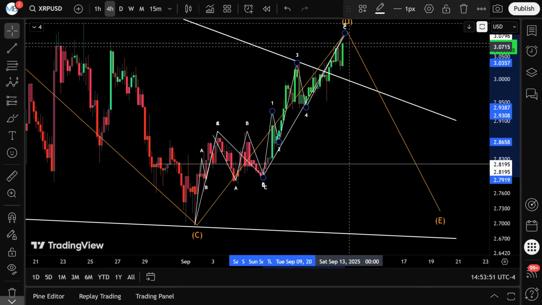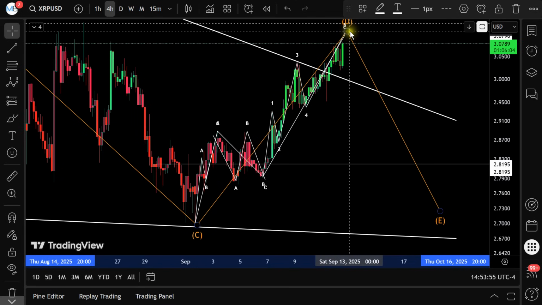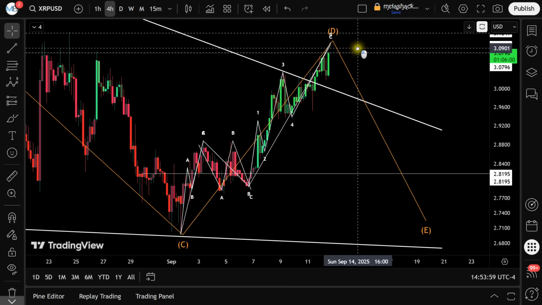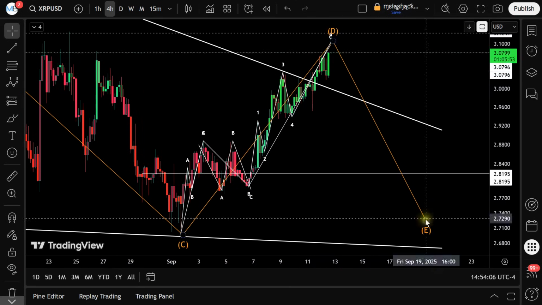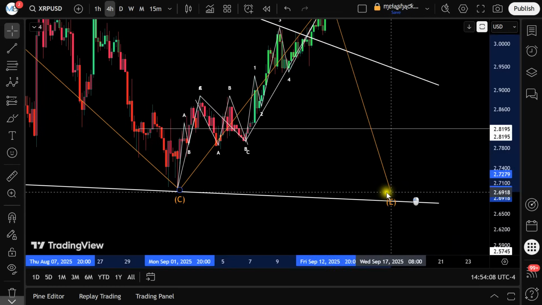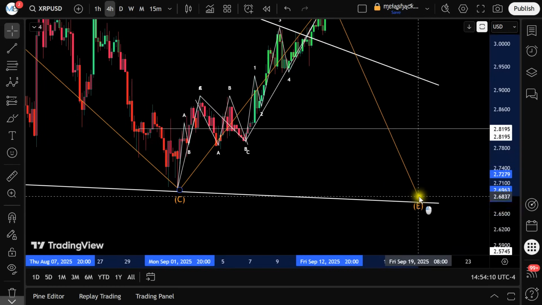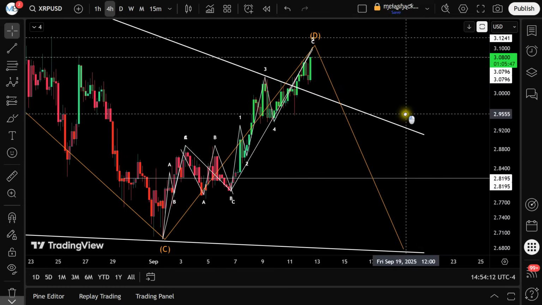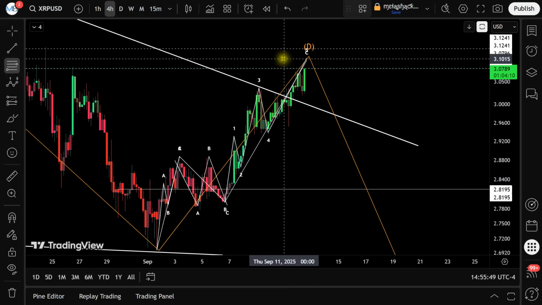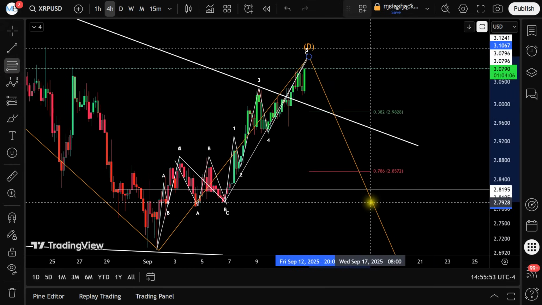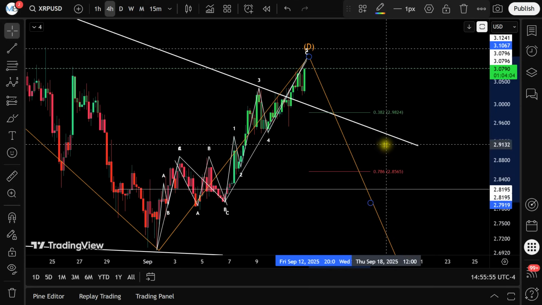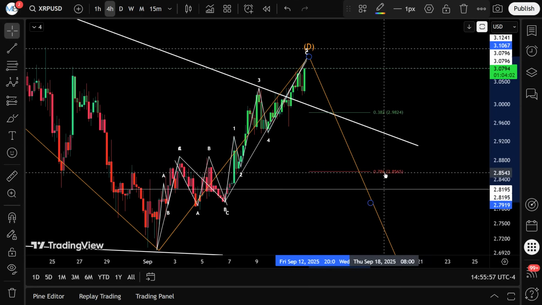Now, if this is the case, what we would expect to see would be this D topping out, then moving down into the E. Now, this E wave does not necessarily have to come all the way down to this lower trend line. Generally, what you will see is a retracement in the range of the 382 to the 786.